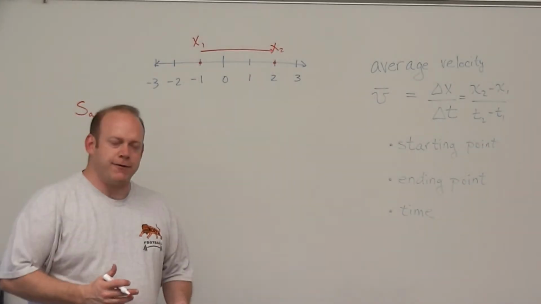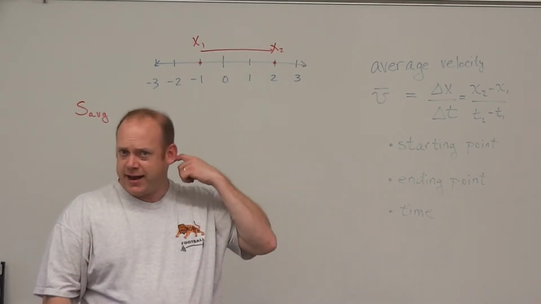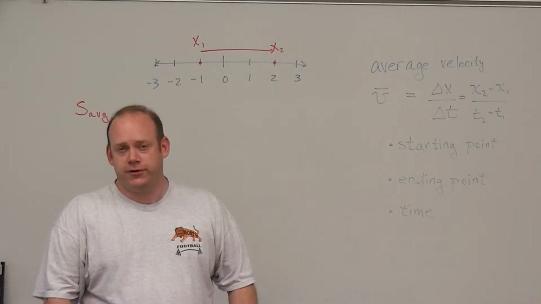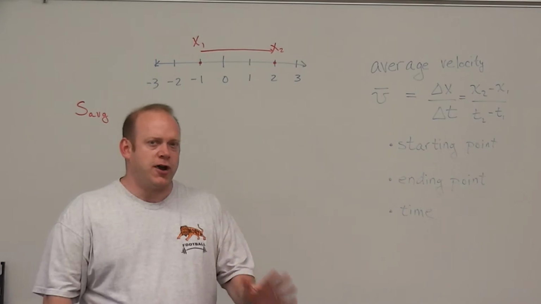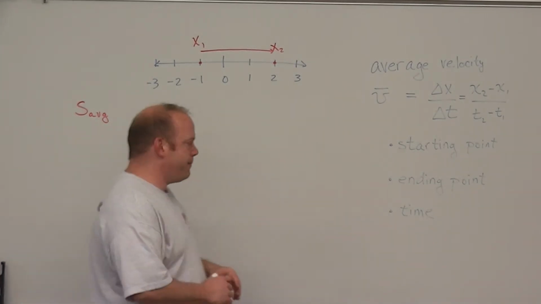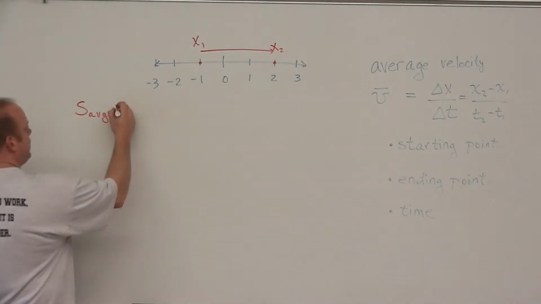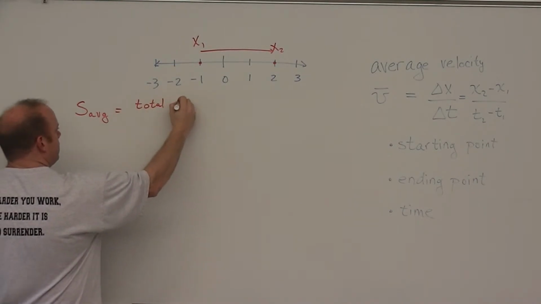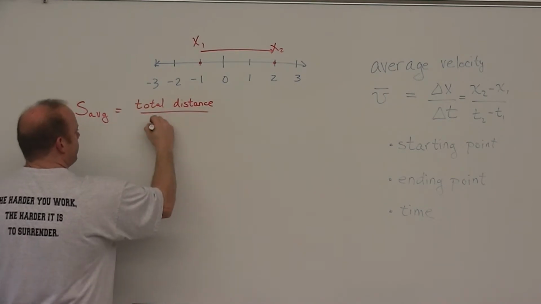We don't really use average speed all that much, so I don't have a problem with it per se. However, understand that S is typically talking about arc length, and the book uses S for arc length later on. Pretty much we're going to talk about average speed here just to help understand what average velocity is a little bit better. Okay? So now S average is equal to total distance divided by the time.